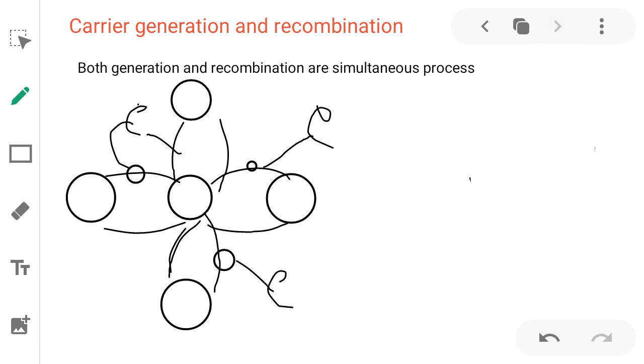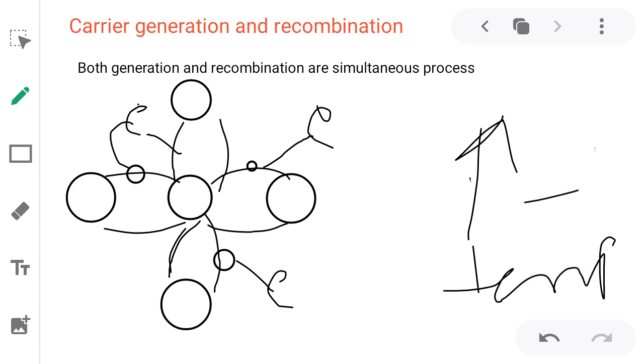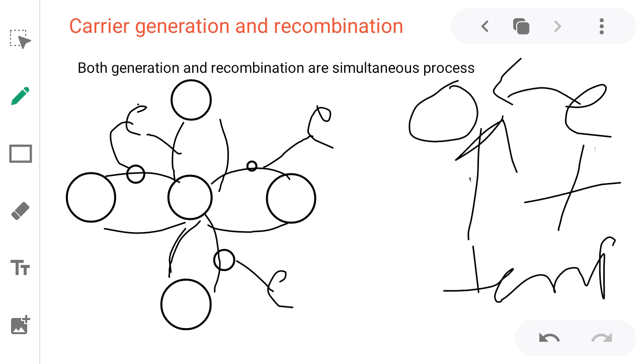Next point is carrier generation and recombination. The most important thing is that the generation and recombination processes occur simultaneously. How is that possible? Generation means, as we increase the temperature, covalent bonds break, electrons become free, and holes are created.